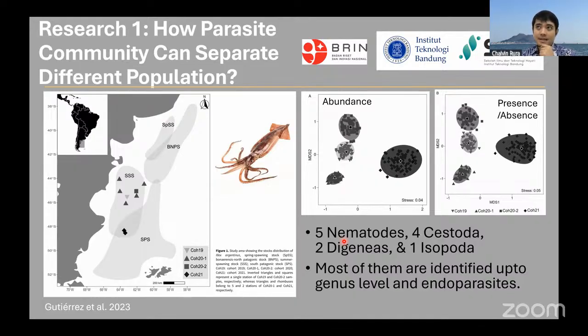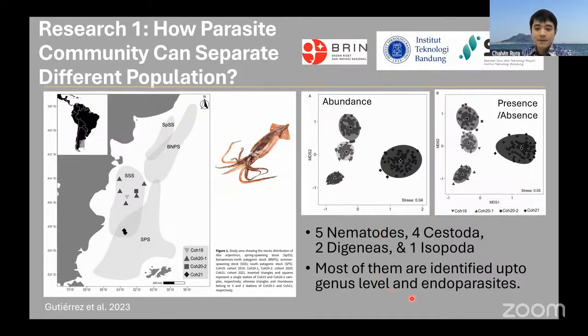So using parasites, you don't need to go up to species level, because sometimes it's very hard, because these parasites can be very small, and if you try to dissect them from the organ, they will disintegrate, and it will become very hard to identify even up to genus level. But thankfully, you don't need to go to the species level, because the clear separation using the community can clearly show that, oh yeah, you can identify which stock is different.